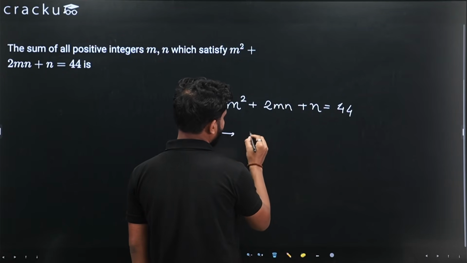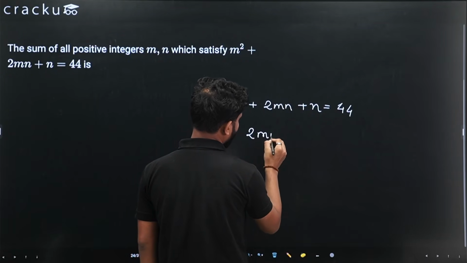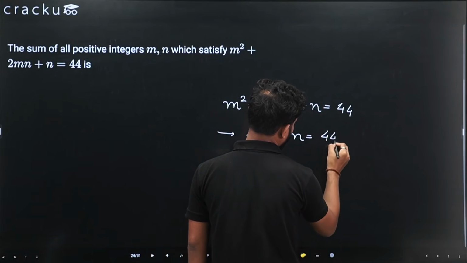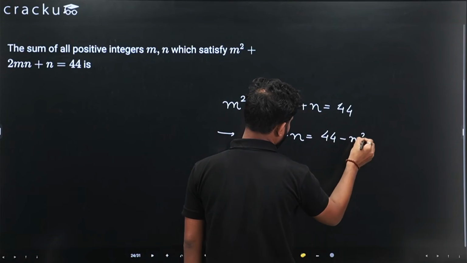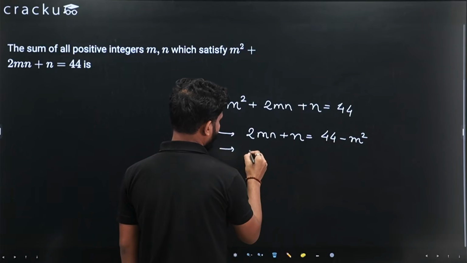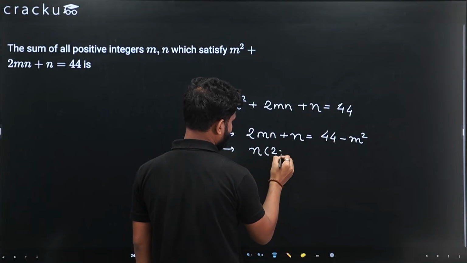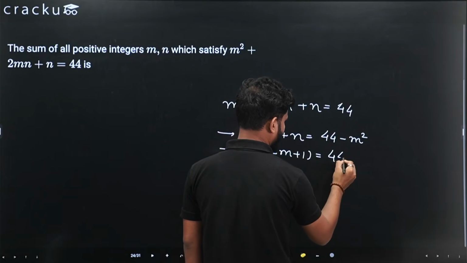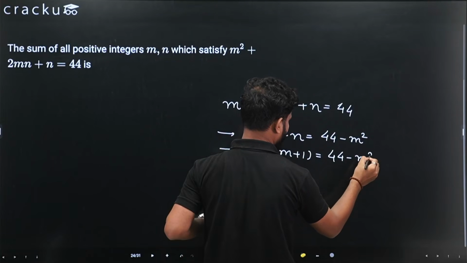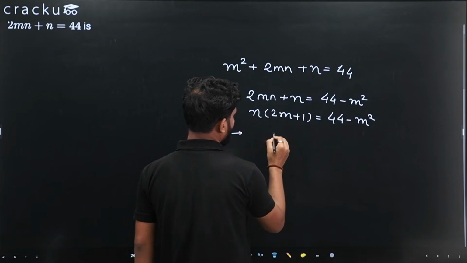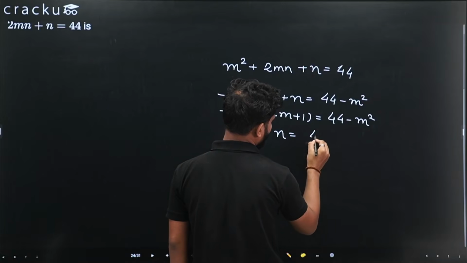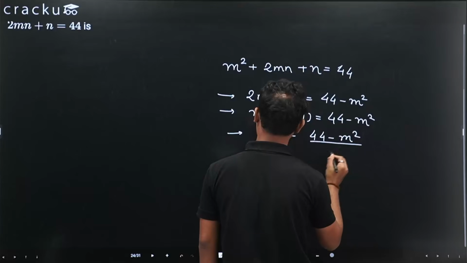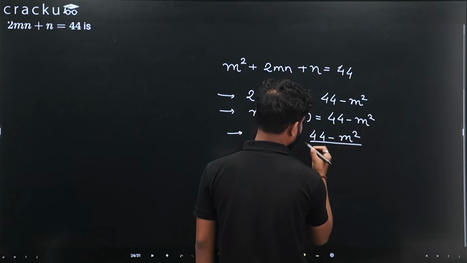Now from here I can write 2mn plus n is equal to 44 minus m square. From here I can take n common and this will be n times 2m plus 1 is equal to 44 minus m square, or n is equal to 44 minus m square upon 2m plus 1.